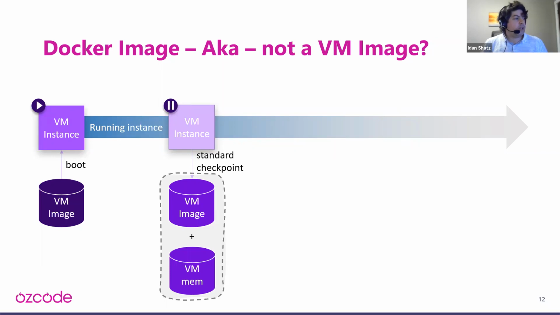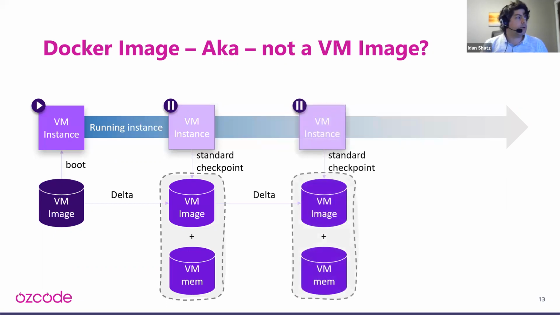Now, for the new VM image, probably there are not so many changes. The operating system probably didn't change a lot. Something did change. So that's why usually we just store the delta between the base image and the second image. And that goes also for the second one. For the standard checkpoint, you can do another one and you store a new delta.